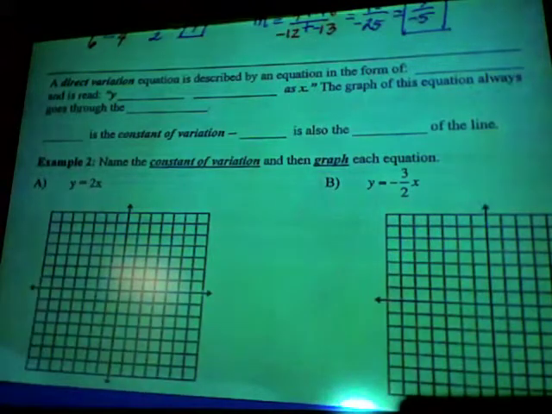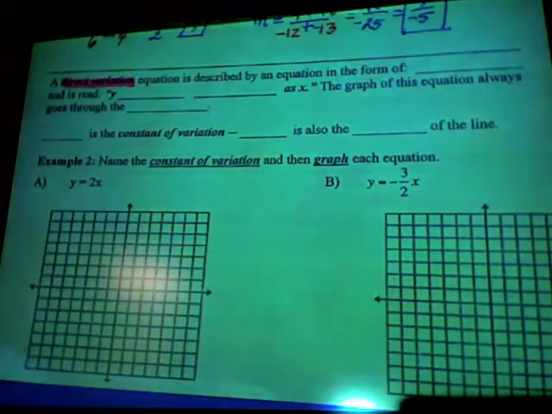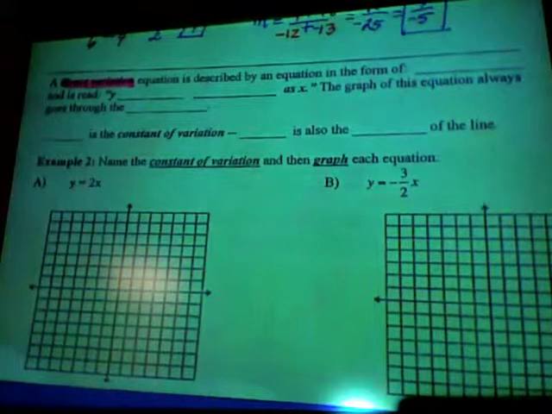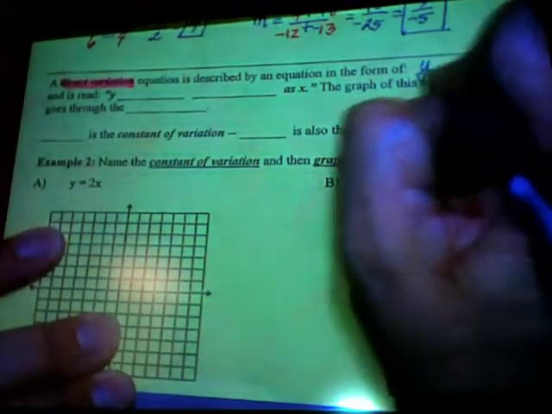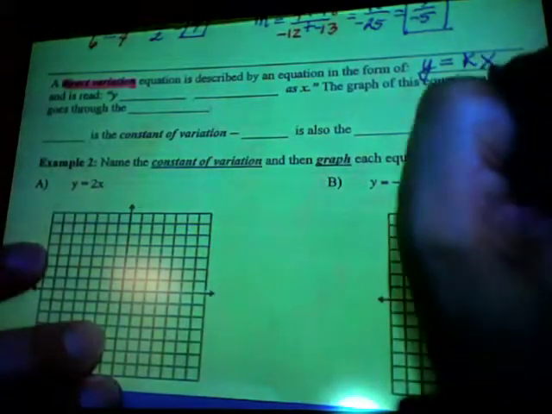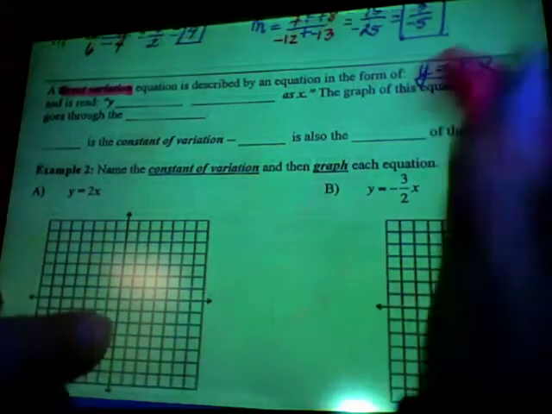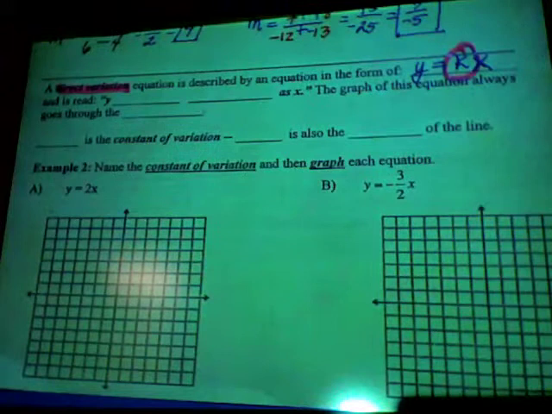All right, so then we're going to start graphing with something called direct variation. Direct variation is the easiest way to graph, and it's just described by an equation that's in the form of y equals kx. Now k, a lot of you mentioned that you knew y equals mx plus b, right?